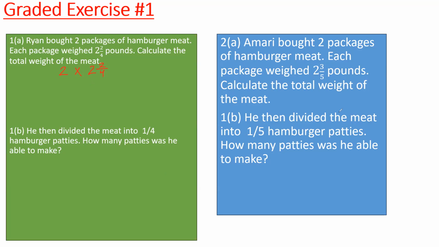I can't hear from Dion, so I'm going to ask Reagan. What are we going to do for this one? How are we going to get an answer? You would multiply 4 times 2, which is 8, and then you plus 2. So 2 times 4, which is 8, plus 2 is what? 10/4. Very good. So it's going to be 10/4.